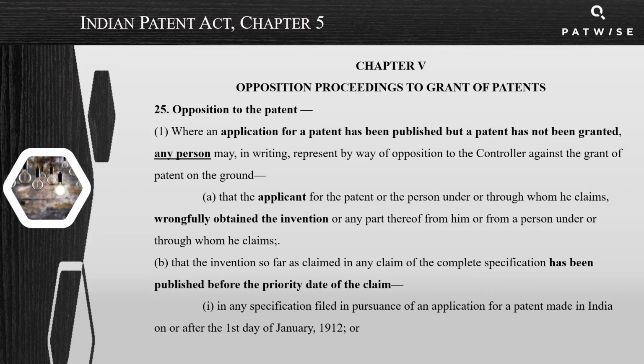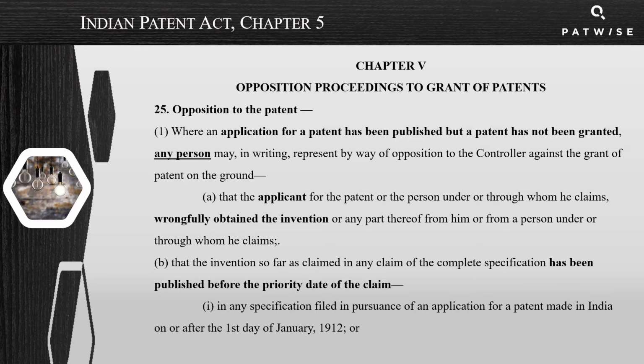Any person can file for a pre-grant opposition. So the second point is any person, which means I need not be in the field. I can be a member of the public who has not even known about the technology. I'm just reading about the technology, I have a publication which is very relevant to it, and then I am given the opportunity to file for a pre-grant opposition.